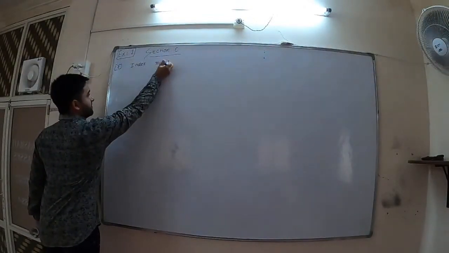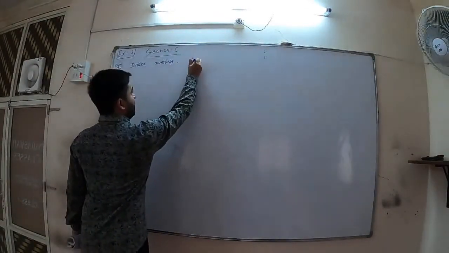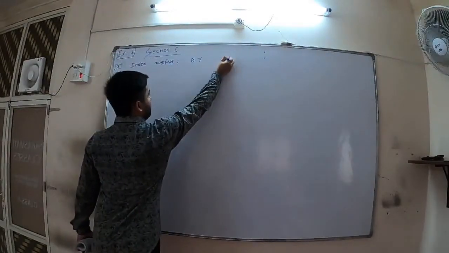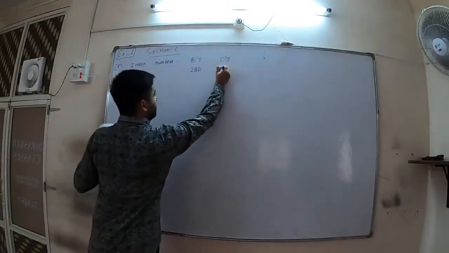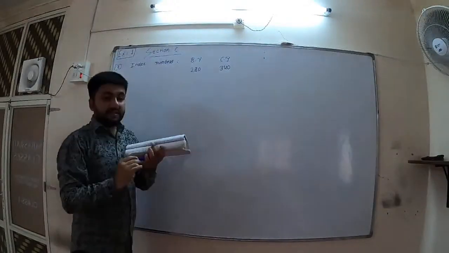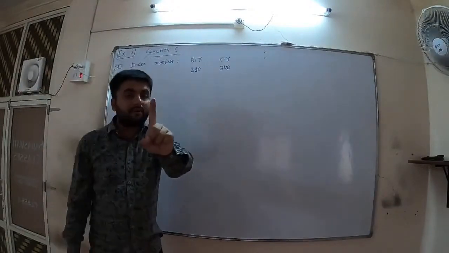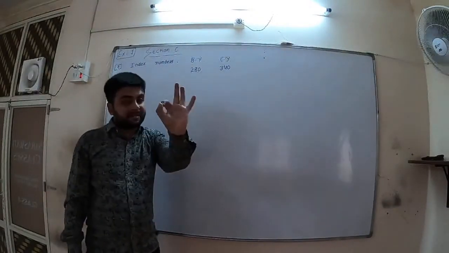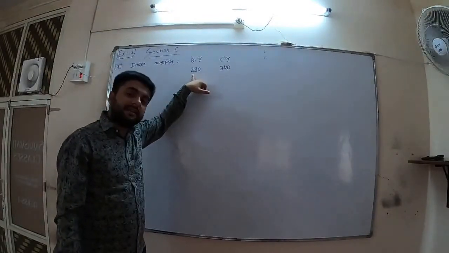Index numbers, that is of base year and current year: 280, 340. See in this sum, I will make this clear: for the base year they are giving 280. If they are not giving it, then this will be 100. Understand this thing. If the base year's index is not given, then it is 100.